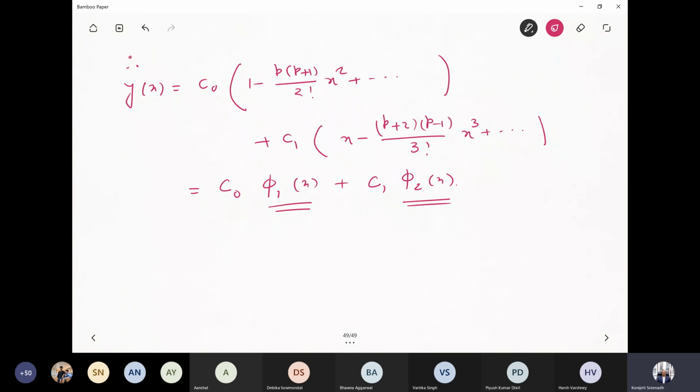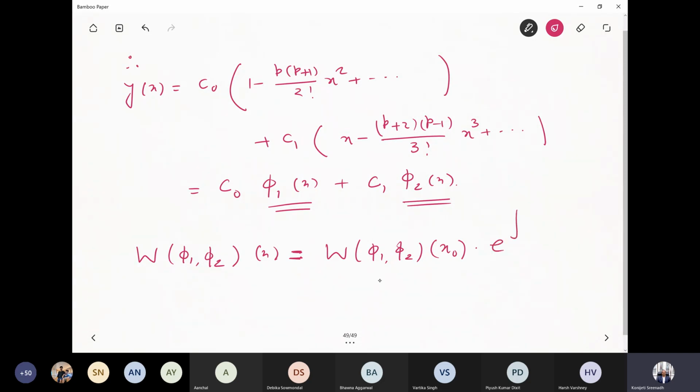It's not difficult also to write what the Wronskian of these functions is, the Wronskian of phi_1, phi_2 at a point x. There is a theorem for second order equations which shows that the Wronskian of any two solutions of a differential equation is the Wronskian of phi_1, phi_2 at any point, you can take any point, times some exponential of the integral of this a_1.